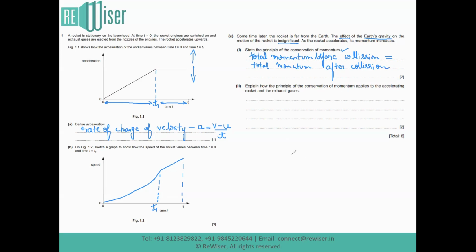To explain the same, let's take an example of a rocket executing said motion. Here we have a rocket which propels itself upward by expelling gases downward.